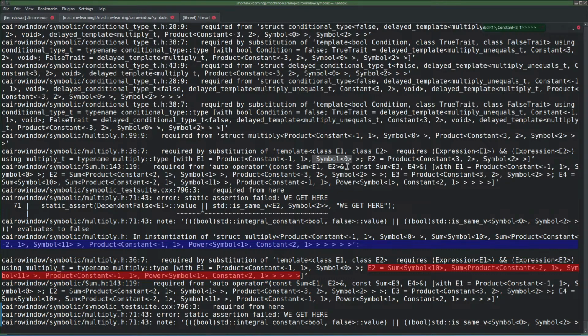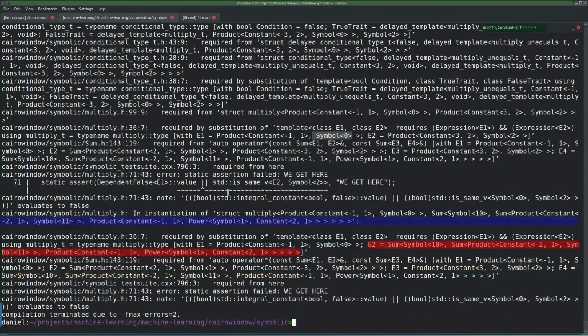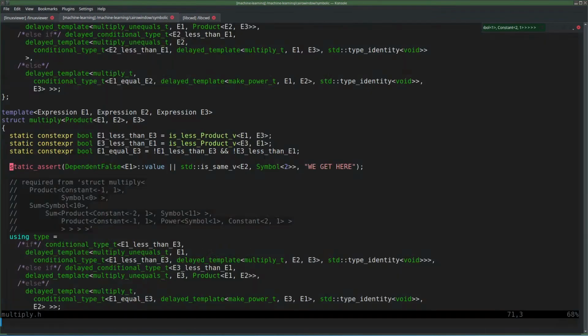Oh, it's this one. Okay. Whatever. So, symbol 0.